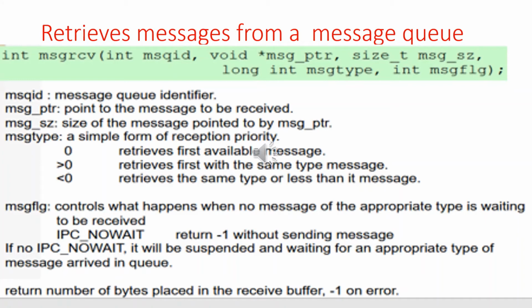If IPC_NOWAIT is not set, the process is suspended and waits until an appropriate message arrives in the queue. It returns the number of bytes placed in the receive buffer, or -1 on an error. Any one of the operations is performed.